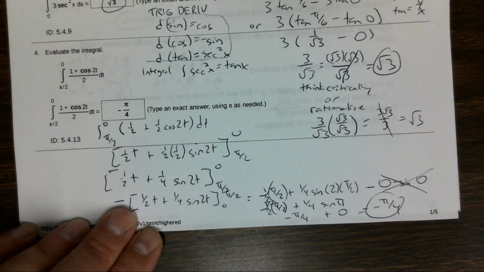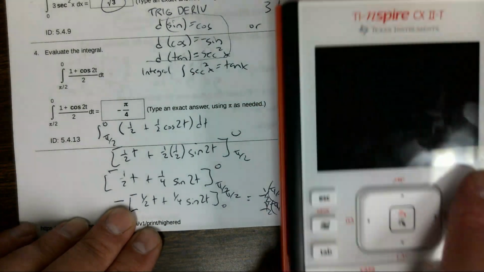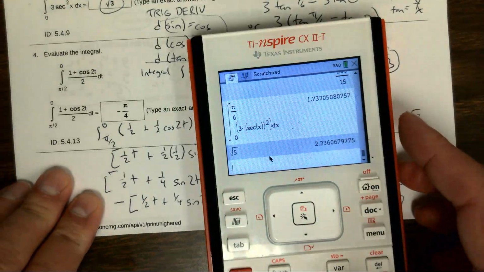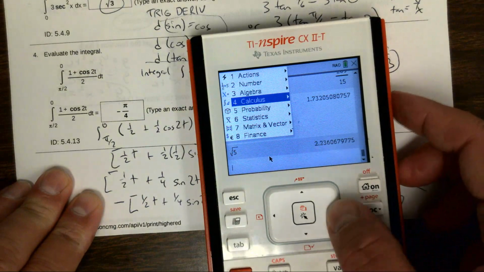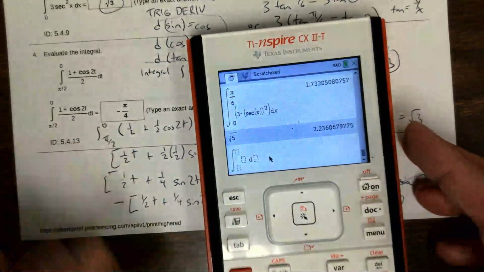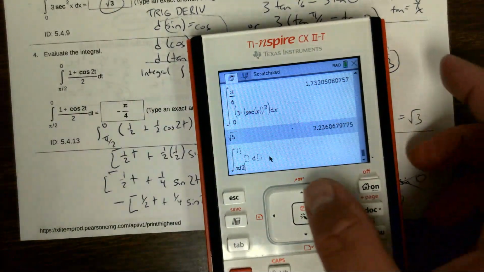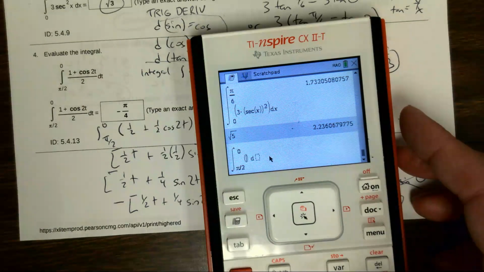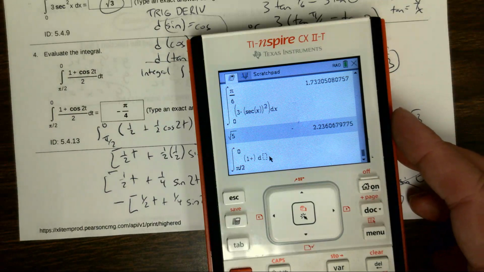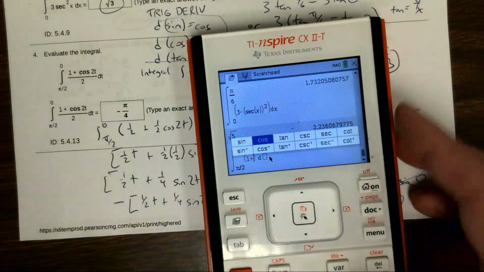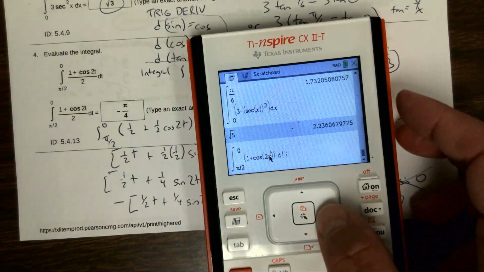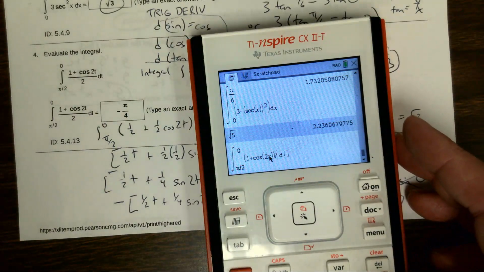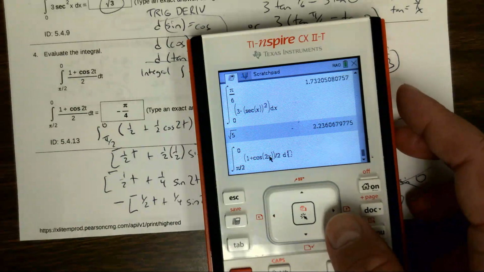Now, if you just use the calculator on this one, you would have had the integral pi halves to 0, 1 plus cosine 2x, wrap that in parentheses and divide by 2, and then put dx.